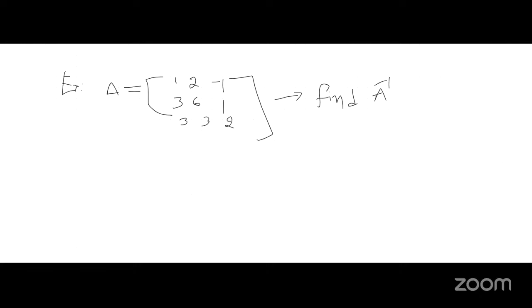So see the solution. Find the determinant of A, mod A. Mod A equals 1 into the determinant of 6, 1, 3, 2.